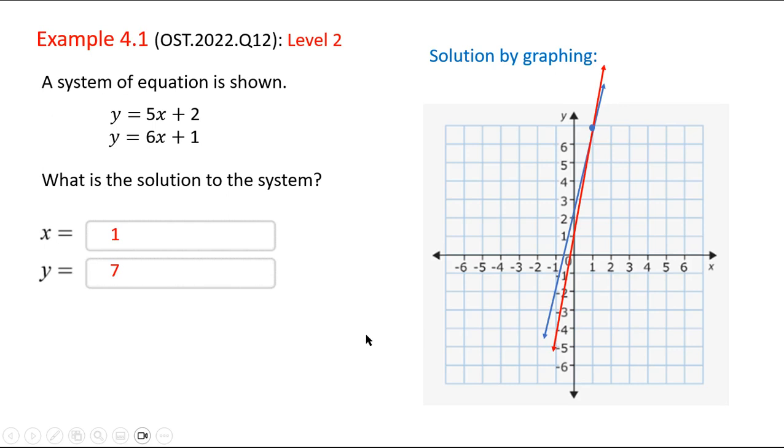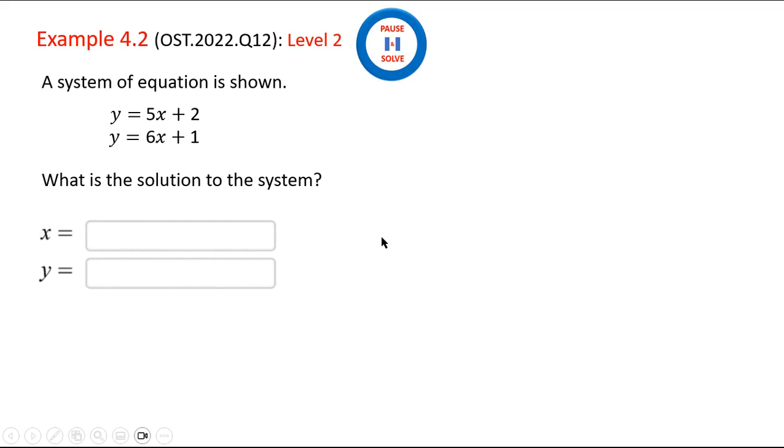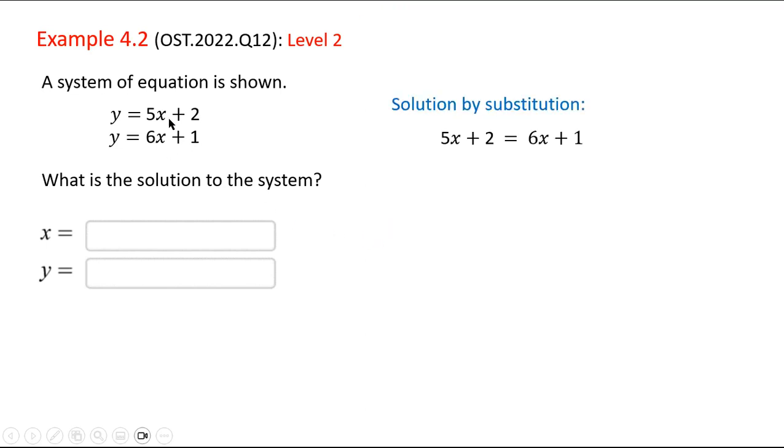So this requires really precise drawing so you can figure out where the intersection is. It's probably easier for this example to use substitution, and that's what we're going to be doing again here. So I equate these two together, subtract 5x. 2 is equal to x plus 1.